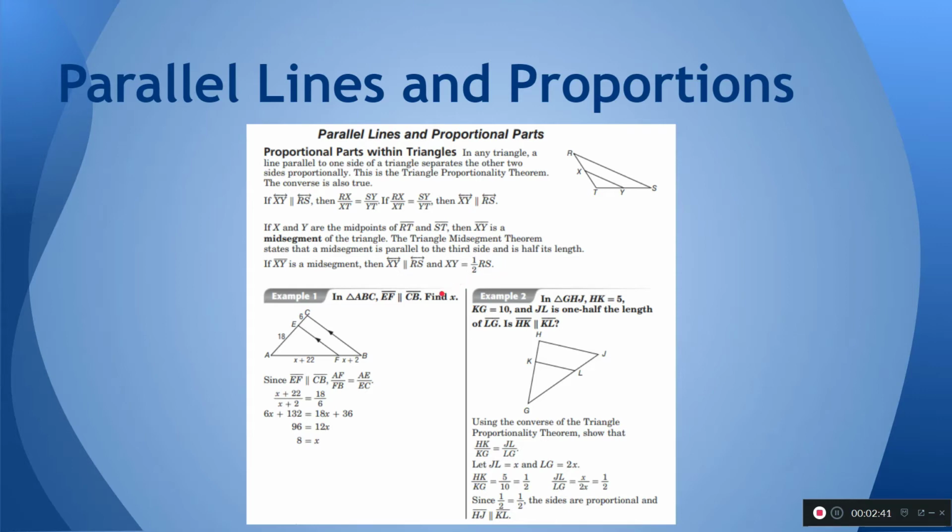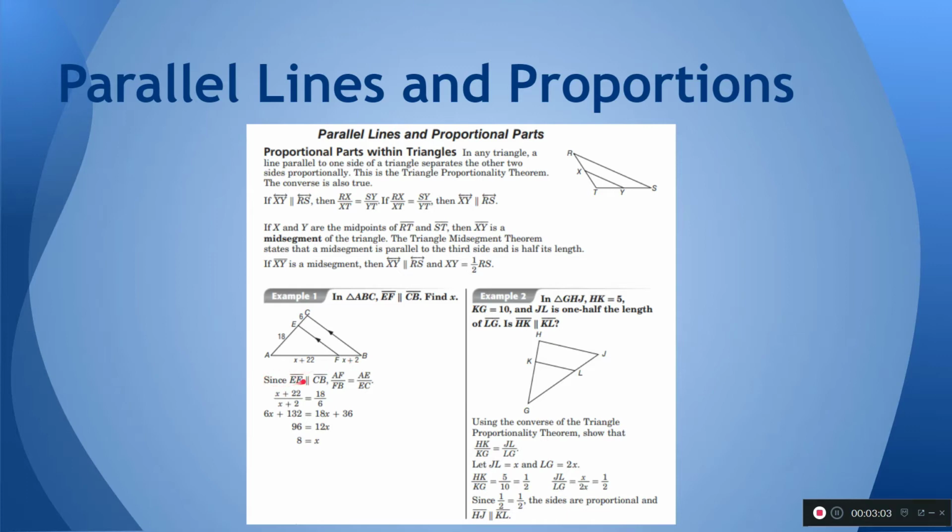All right, so here we have a couple of examples where we're looking at this and attempting to solve for x. So starting off here, we can see that we have AE set at 18, EC at 6. Over here, we have AF as x plus 22 and FB as x plus 2.